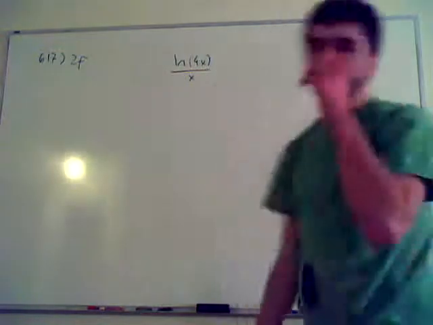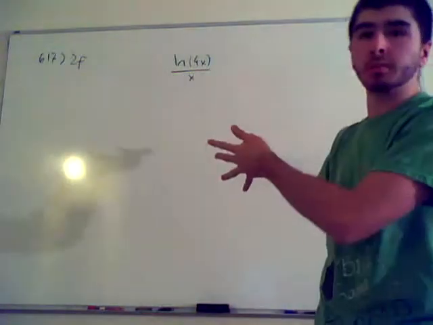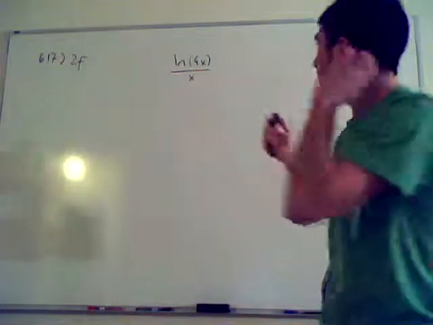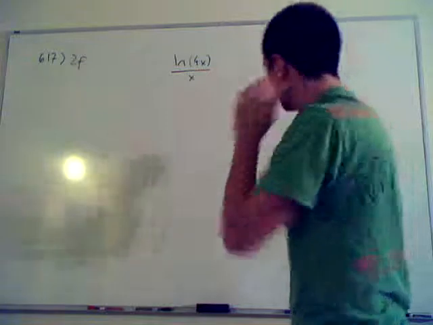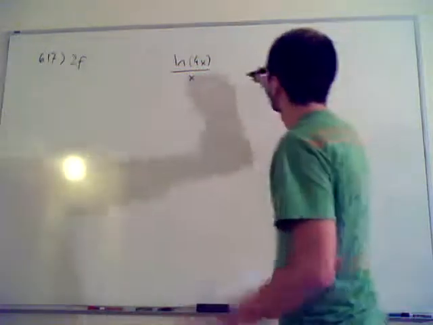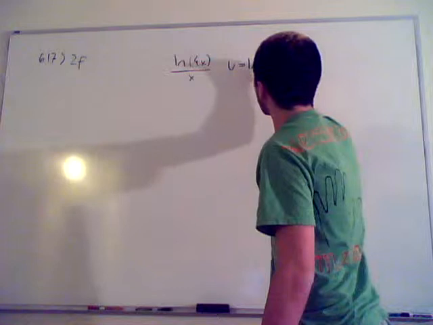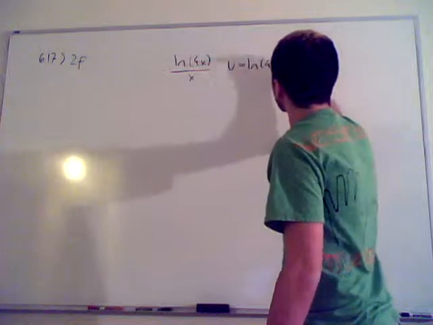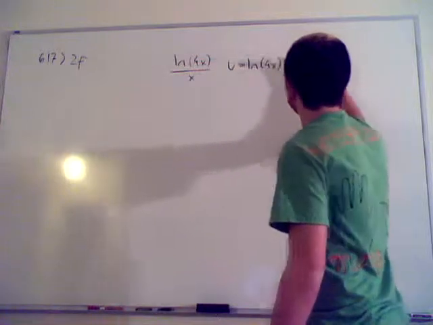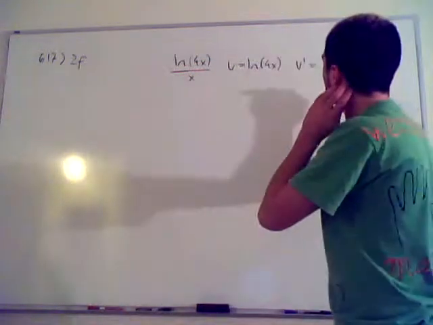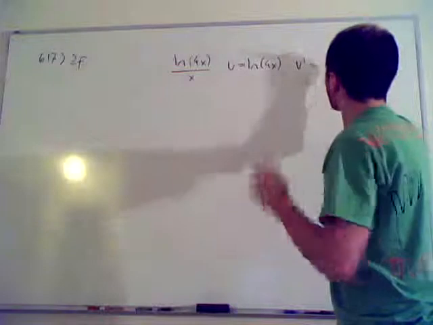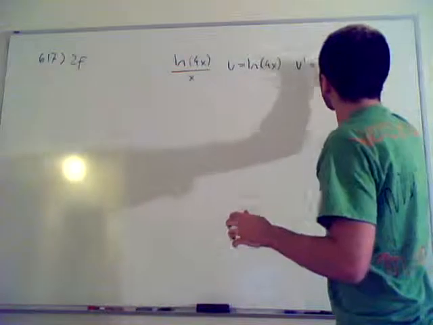So, this is a fraction, so therefore you're going to use the quotient rule, right? If you remember quotient rule, u is equal to natural log of 4x, which means that u prime is equal to, I'm blanking out, it's 1 over x. Why?